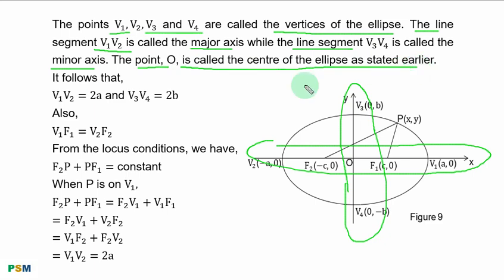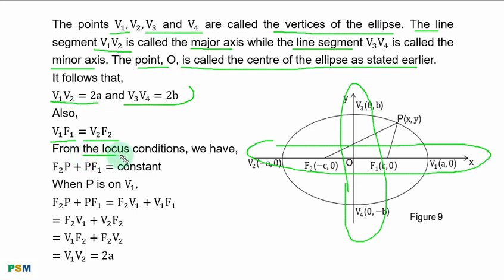It follows that V1V2 is equal to 2a and V3V4 equal to 2b. Also, V1F1 is equal to V2F2.